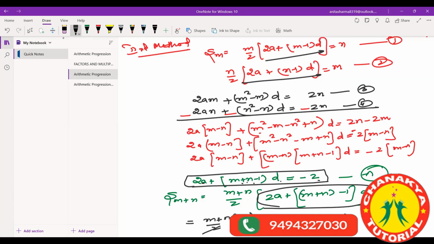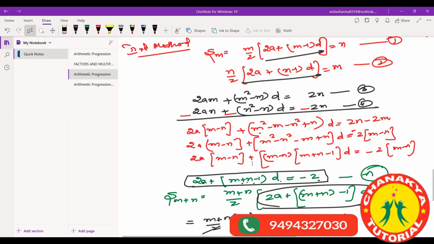Ma'am, I was doing the second method, but then I got confused here, ma'am, near that multiply by 2 step. So I left it. See, beta, whenever you do the practice of these questions, then you will get to know. See, when we are adding this, 2 and 2, I have multiplied just it.